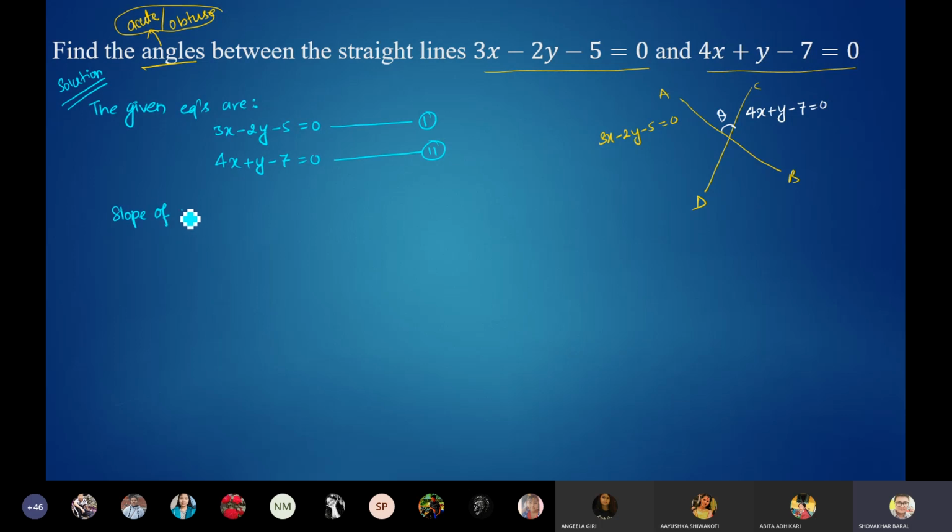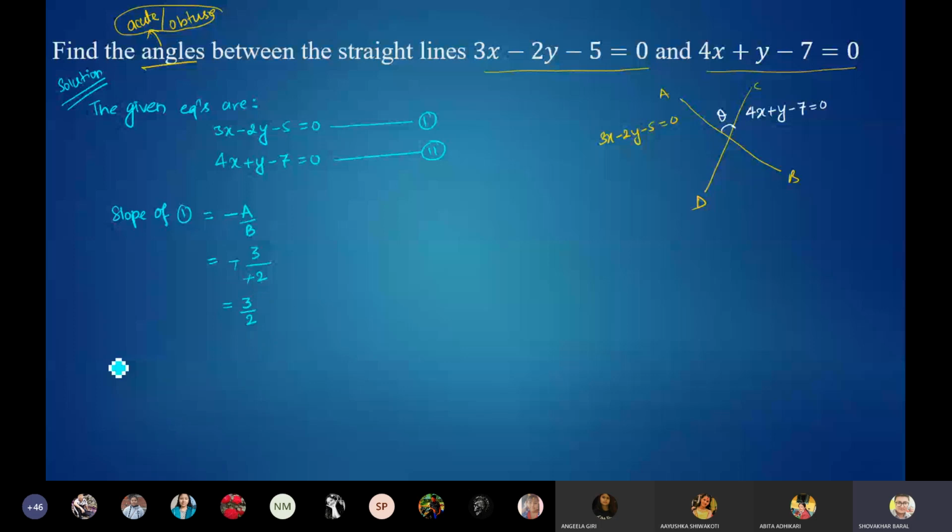Slope of 1 equals minus a upon b, as I told you earlier, for a line whose equation is given in this format. That is minus 3 divided by minus 2. The minus and minus cancel, so it will be 3 divided by 2.